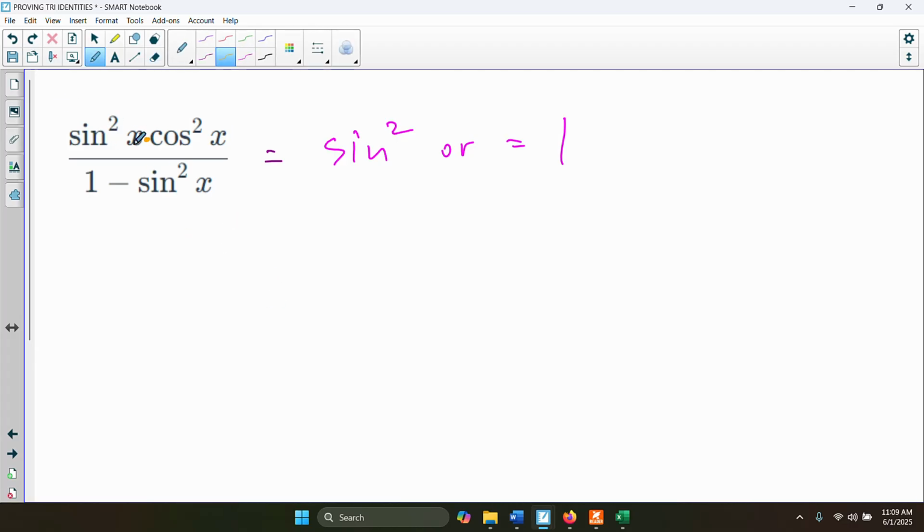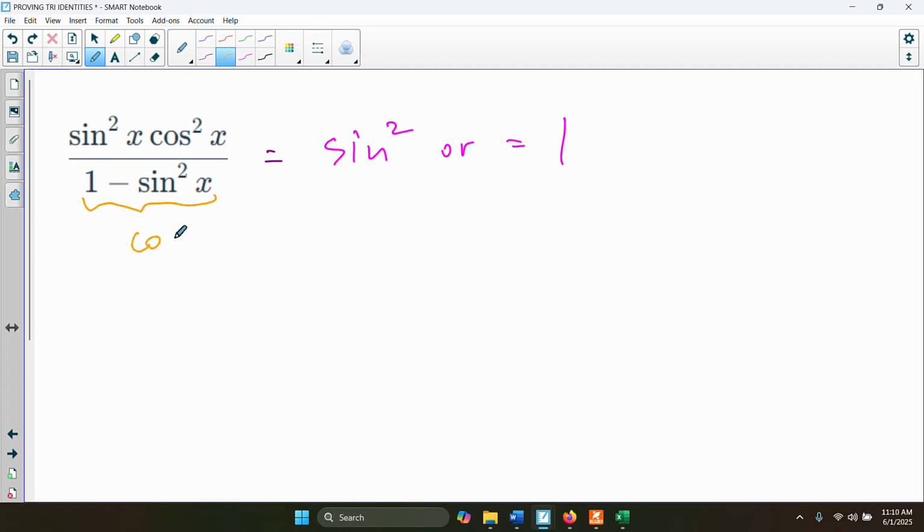Well, I could rewrite the sine squared. I could say this is just 1 minus cosine squared, and open the parentheses and maybe do something. I don't know. But hopefully it's much clearer. In this case, I see something in the denominator that really jumps out at me.